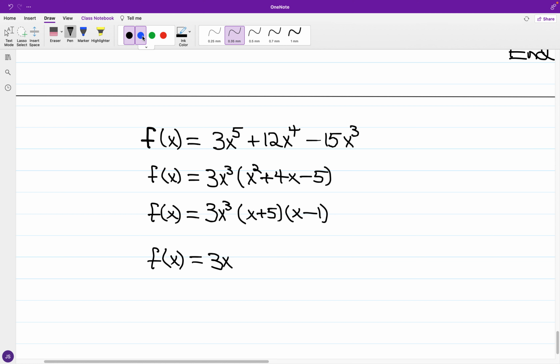So for the determination of the zeros and their multiplicities, again, just stressing the degree. I have 3x cubed times the quantity x plus 5, to the first, and times the quantity x minus 1, also to the first.